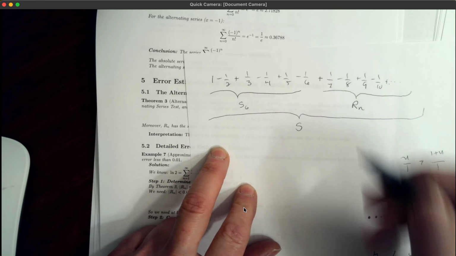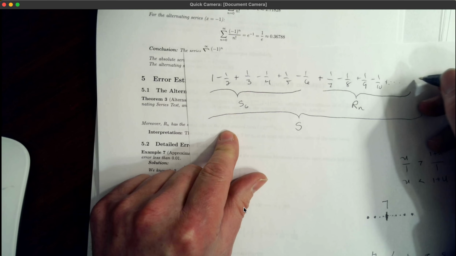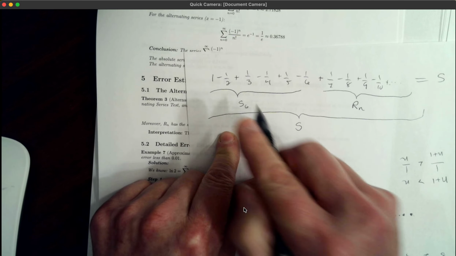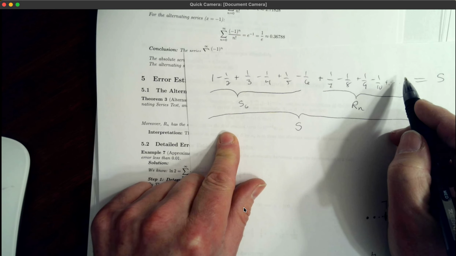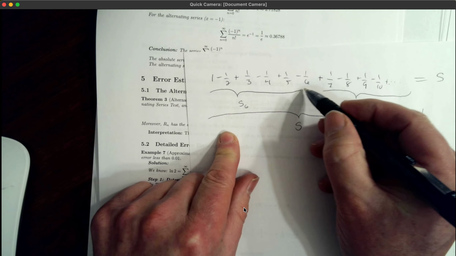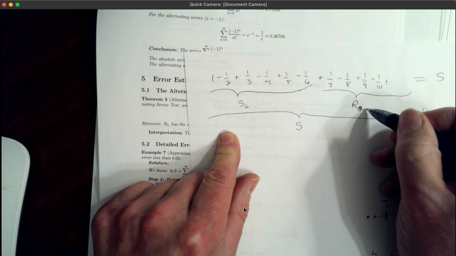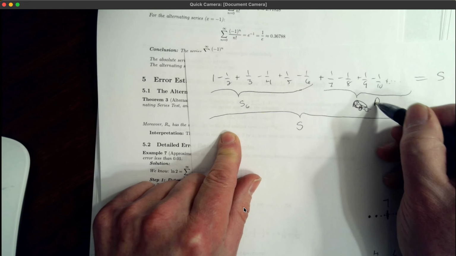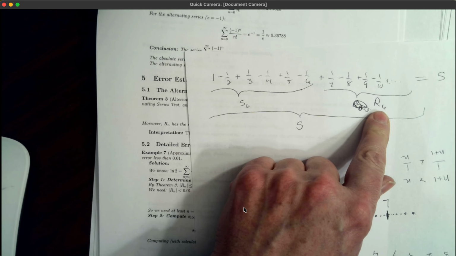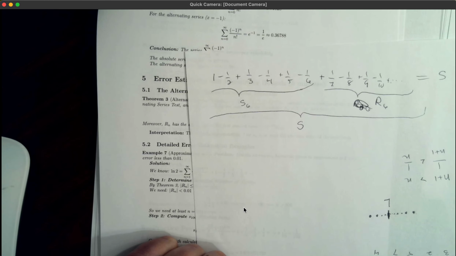That's S. So there's 3 things going on. There's S, which is the sum of the infinite series, all the terms. There's S6, which is the sum of the first 6 terms. And then there's R6, the remainder, the remaining terms in the infinite series.